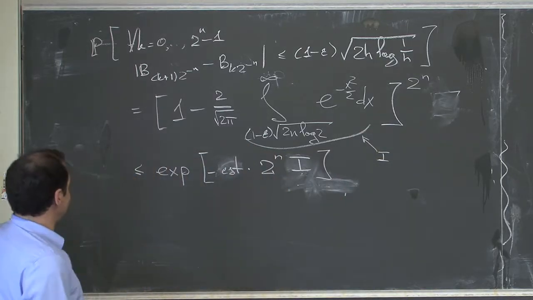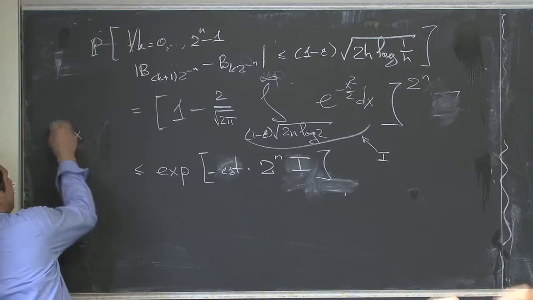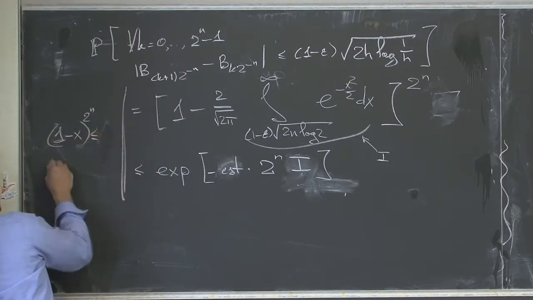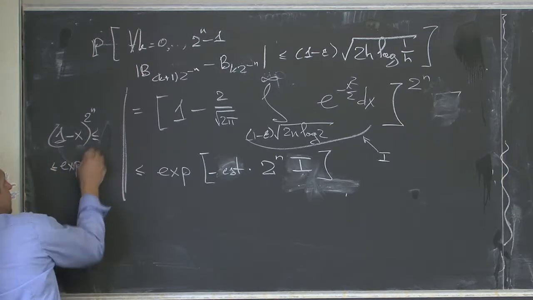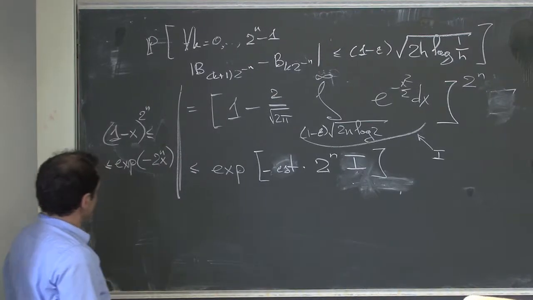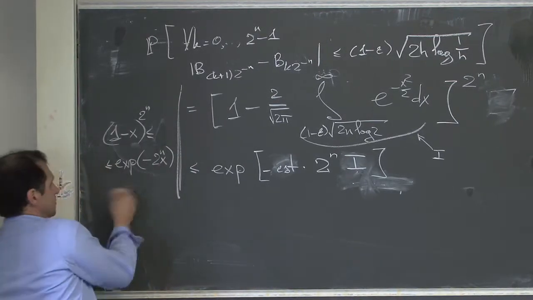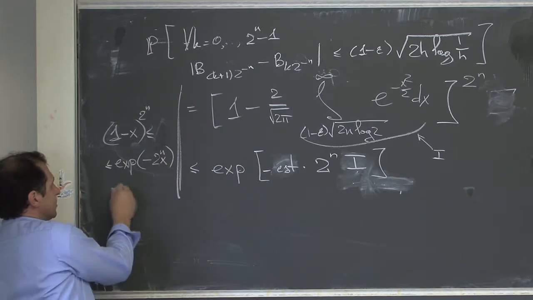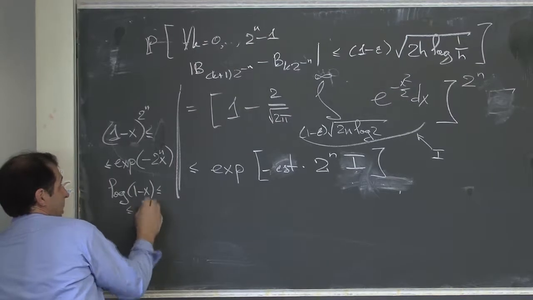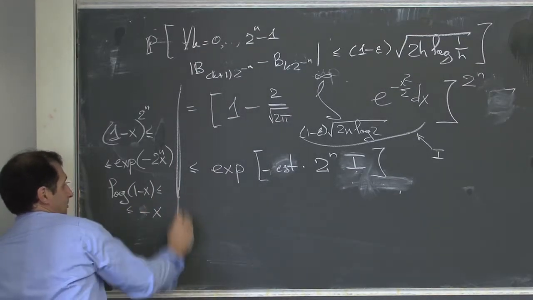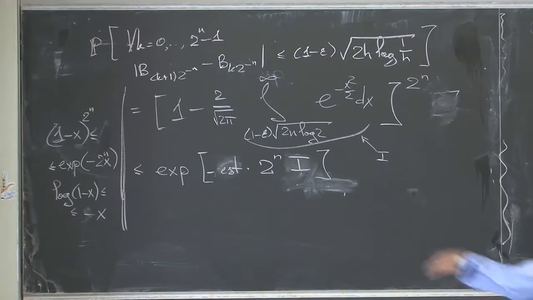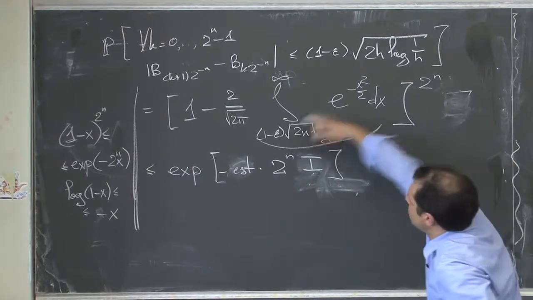So what I'm saying here is that (1 minus x) to the power 2n is less than exponential of minus 2nx. This is like to say that the logarithm of 1 minus x is less than minus x. Okay, good.